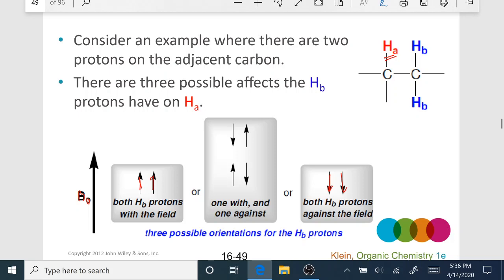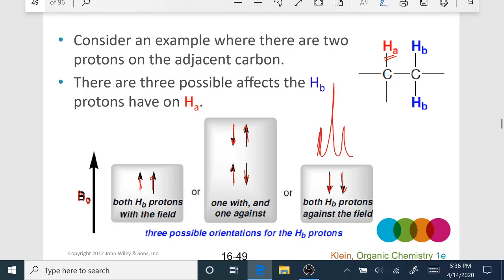Okay, or we could have 1 aligned with the field and 1 aligned against the field, and the other with and the other against. So what does that mean? It means we're going to get a triplet for HA. HA is going to be a triplet in a 1:2:1 ratio.